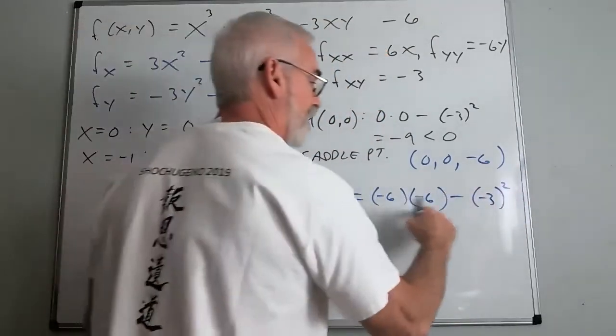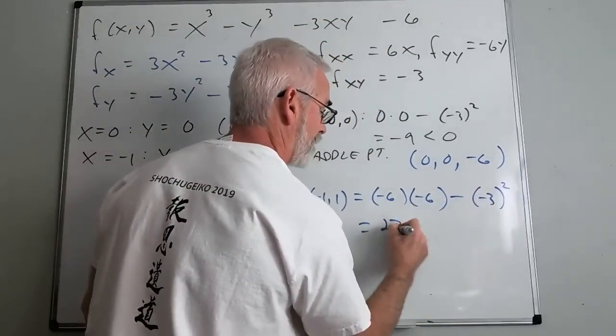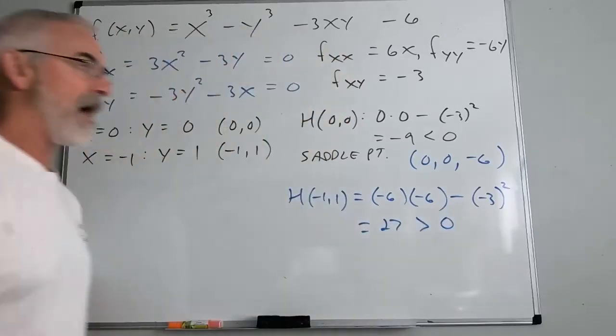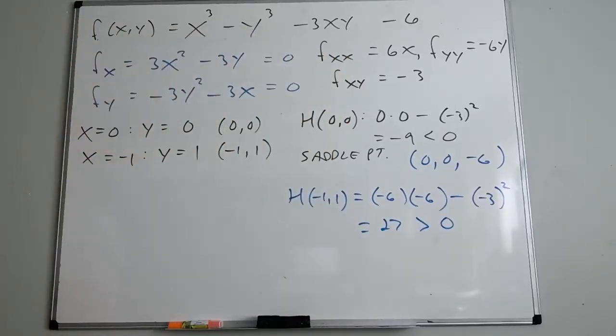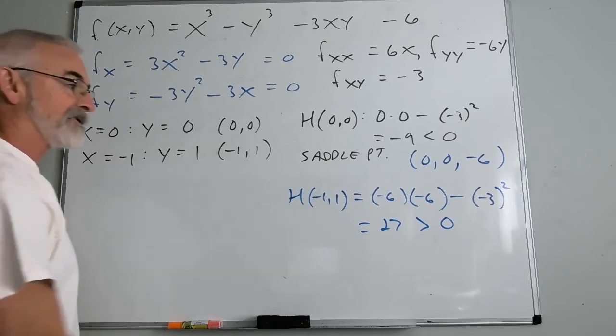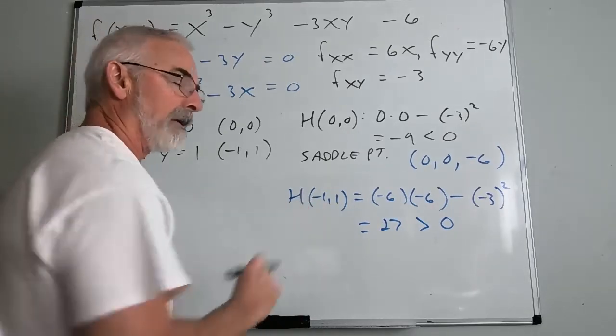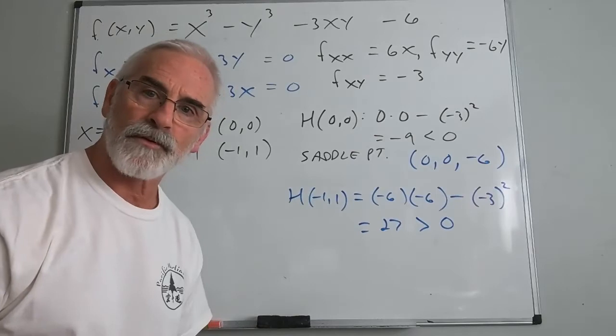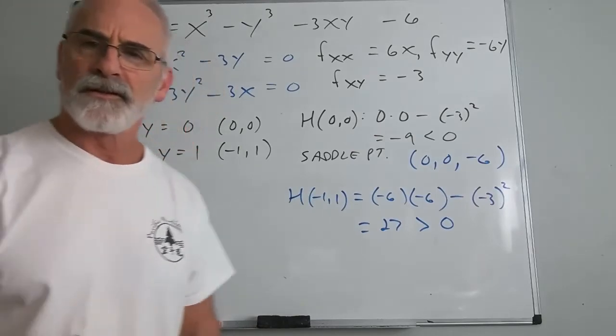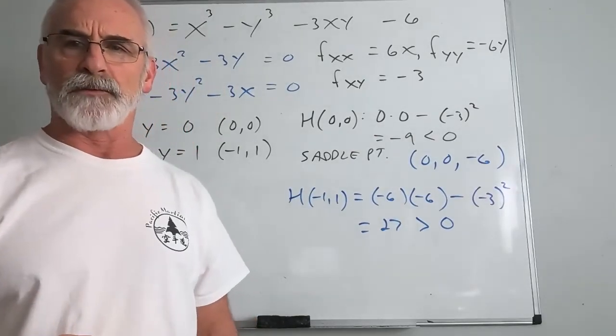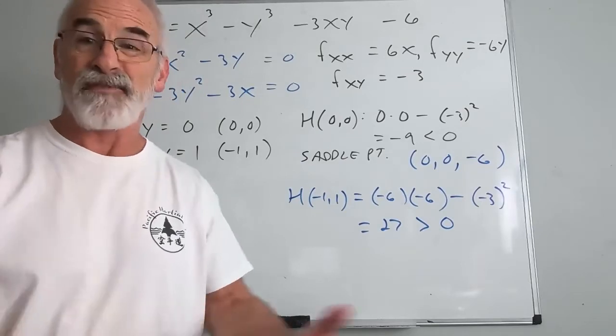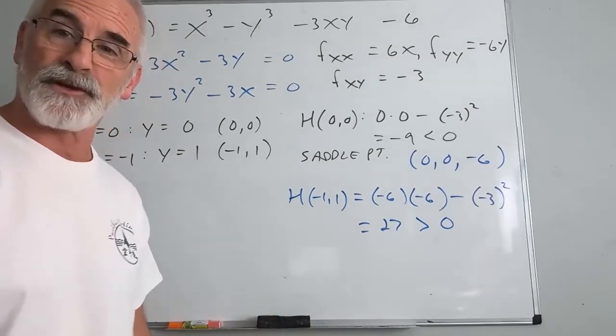So this is 36 minus 9, or 27, which is, of course, positive. That means I do have an extrema. I'm going to have an extrema here. Is it a maximum or a minimum? Anybody want to try that one? Is my value going to be a maximum or a minimum? We haven't even found the value, but you can tell me if it's a max or a min right now.